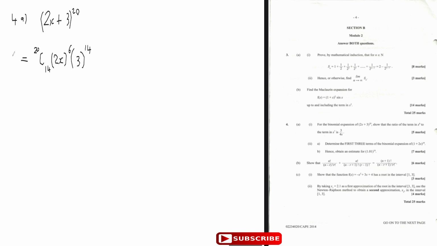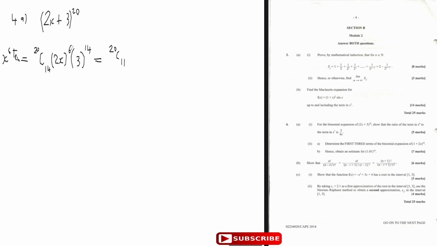So this is the x to the 6th term. So let's work out what this equals. 20 choose 14, that's a very big number, so I'm not even going to write that out. I'm just going to write 20 choose 14.